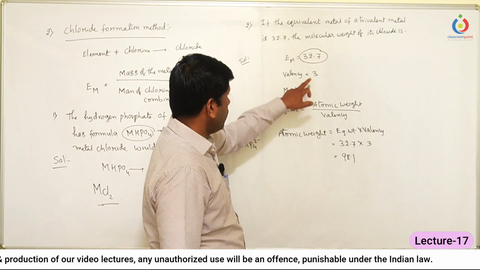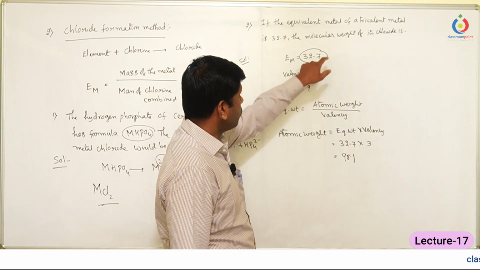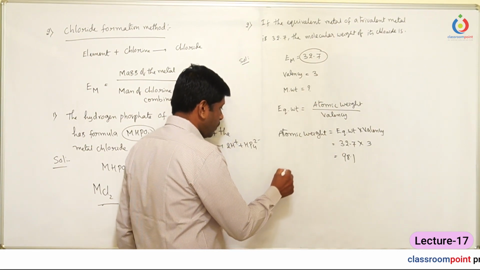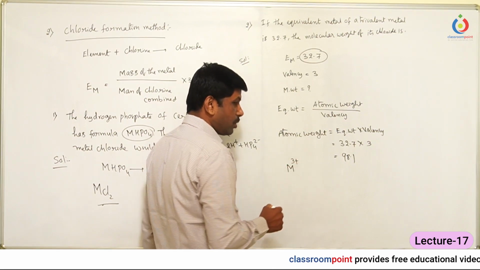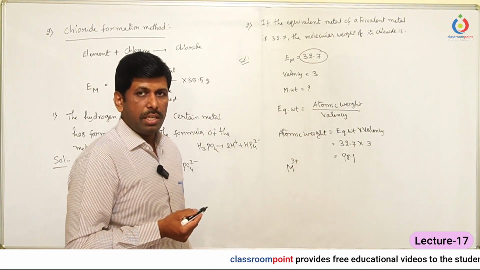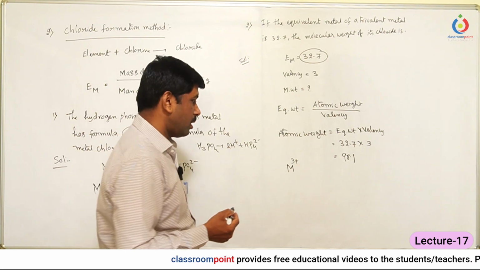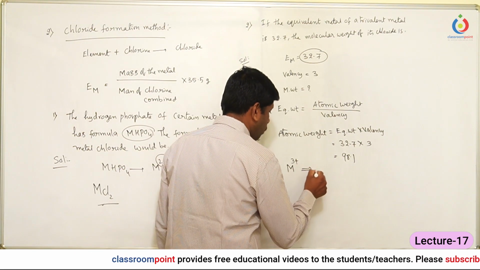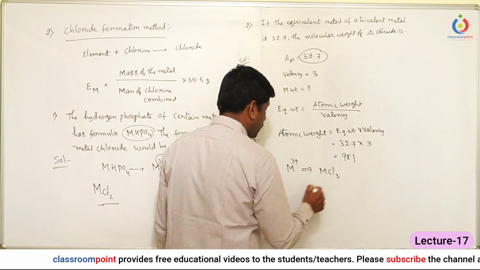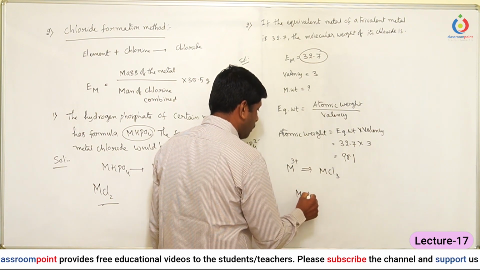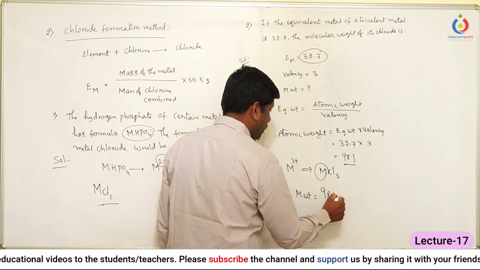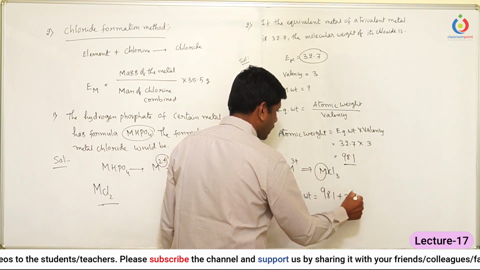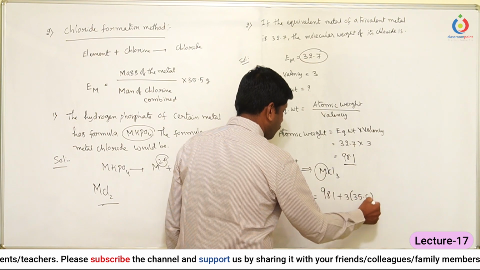Now they said the valency is 3 and it is forming a chloride. That means if you consider the metal is M and its valency is 3, 3 positive charges are there. Obviously it needs 3 negative charges to neutralize it. That's why its formula is MCl3. Then the molecular weight of this compound is equal to M's atomic mass, which we already calculated, 98.1, plus 3 chlorines, 3 into 35.5.